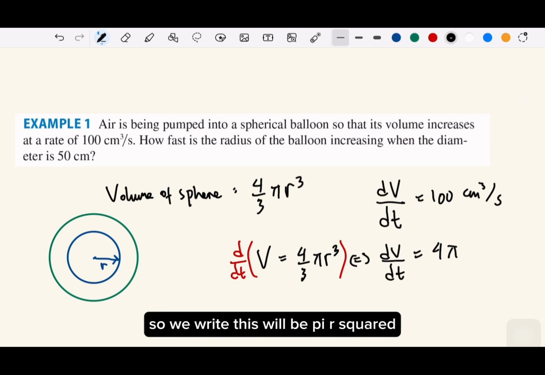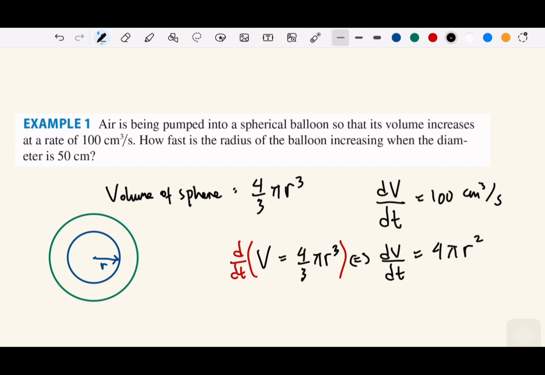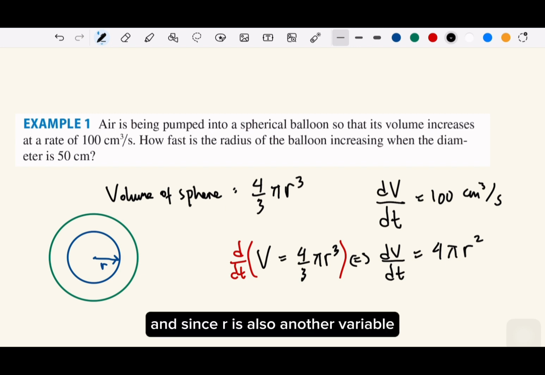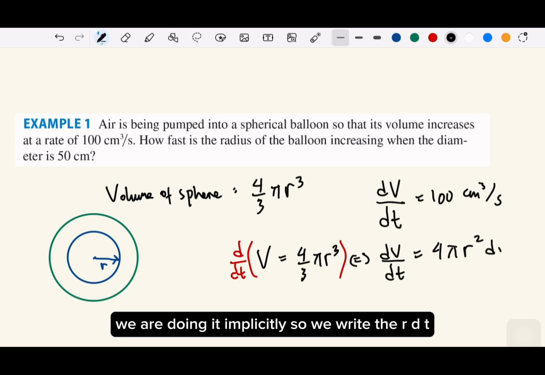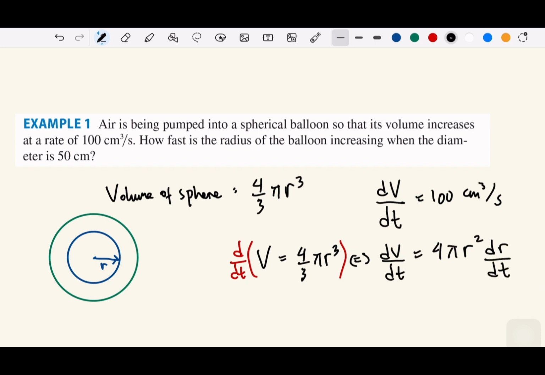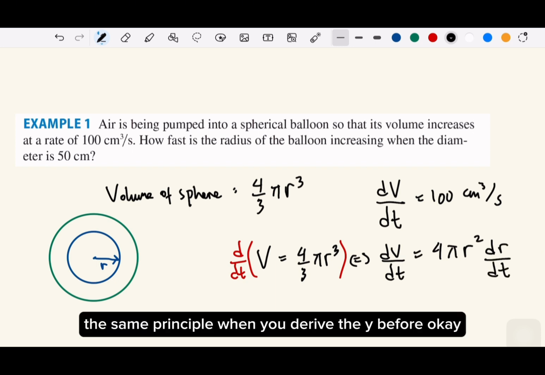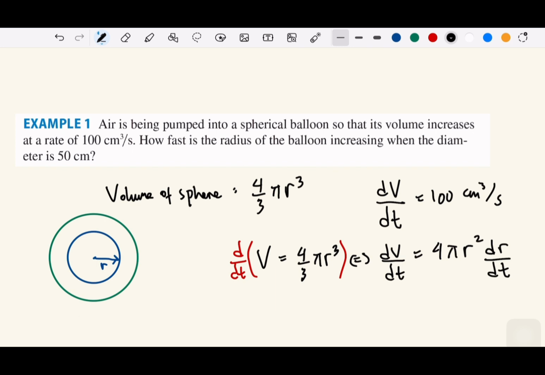So we write pi r squared, and since r is also another variable, and we are deriving with respect to t, we are doing it implicitly, so we write dr/dt. The same principle as when you derived y before.